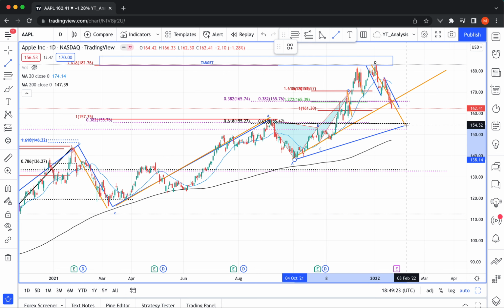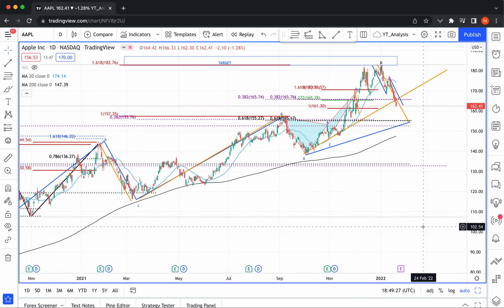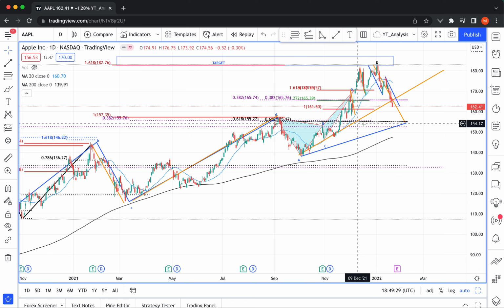So we got a confluence level coming around here of the 61.8% retracement level. It's also very close to the structural support here. Plus we have the symmetric move, and the 200-day moving average is creeping higher above. So that's the next point we are taking a look at.